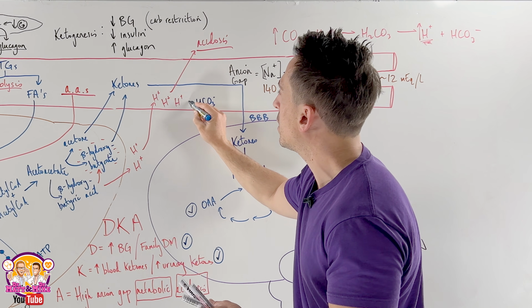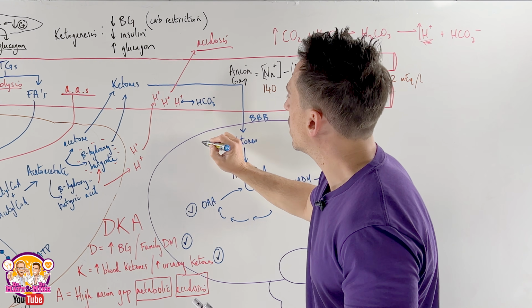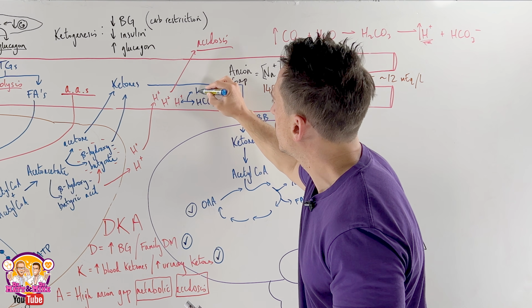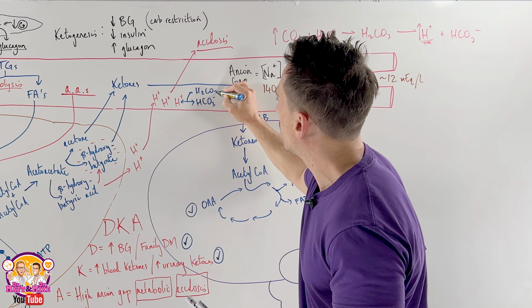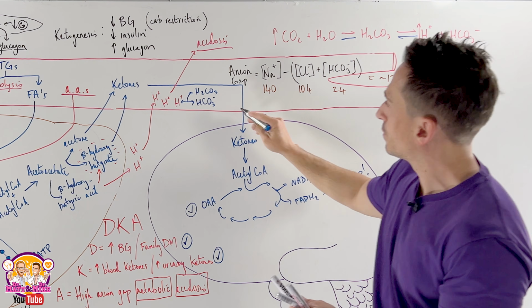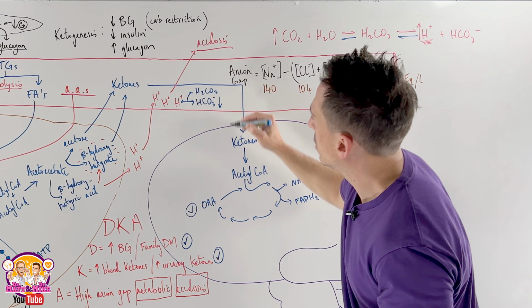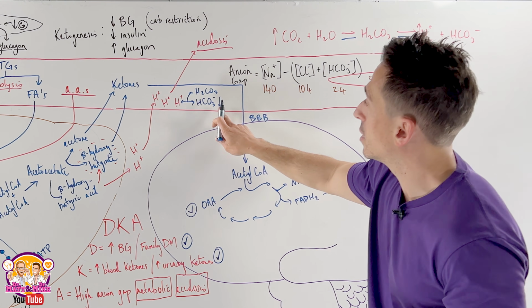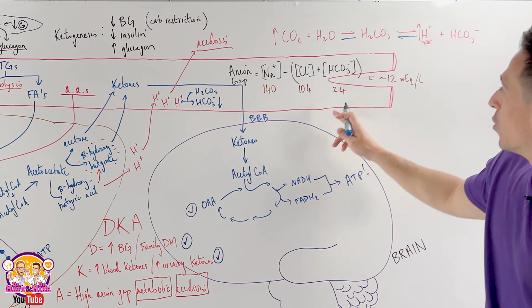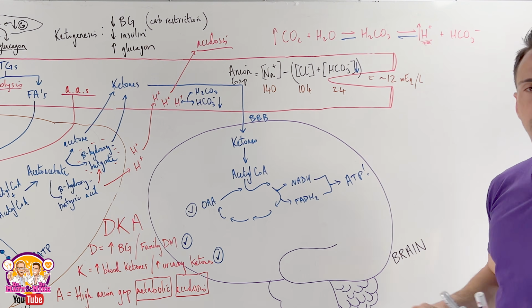I need to bind to them and mop them up. So when it binds to it, bicarbonate disappears, and the product that it produces is H2CO3, because this is reversible. The point I'm making is bicarbonate goes down. The concentration goes down because it's binding to that to form something else. Hopefully that makes sense.